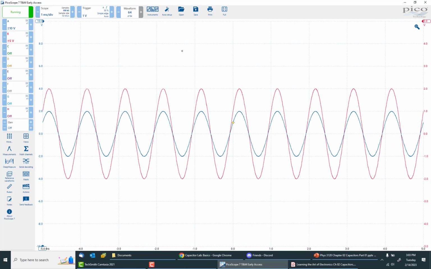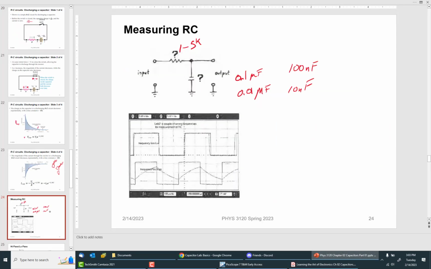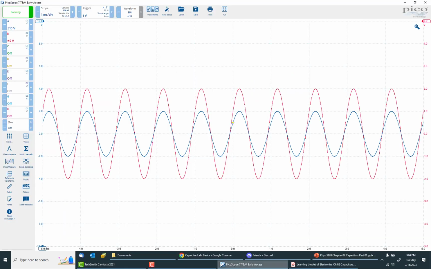I have this circuit on my breadboard, with scope probe number 1 here and number 2 over here. This one is the blue, and that's the red, my traces on my oscilloscope.